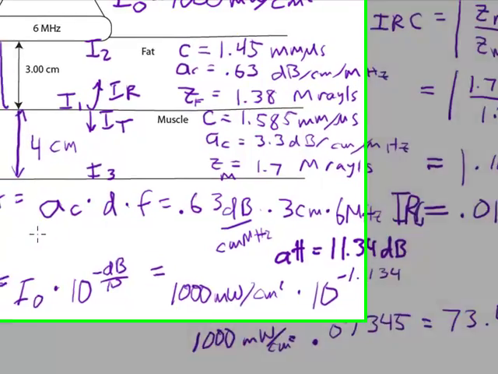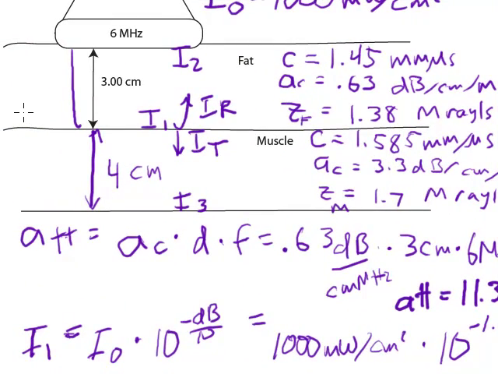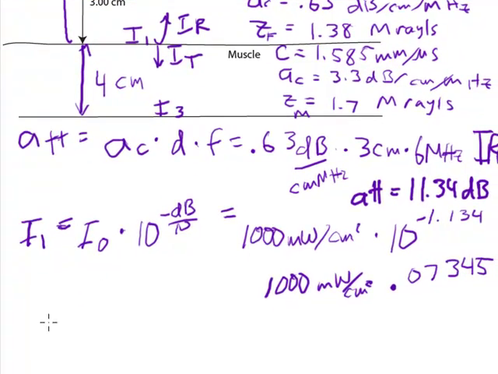Okay, so is reflected. I can look at the intensity of the reflection, which is equal to the intensity reflection coefficient times the intensity that's arriving there, which was I1.